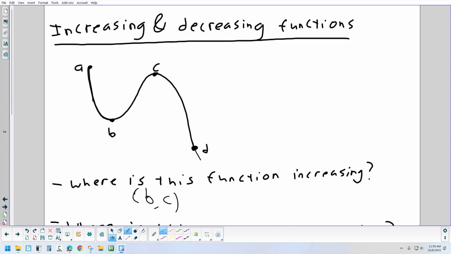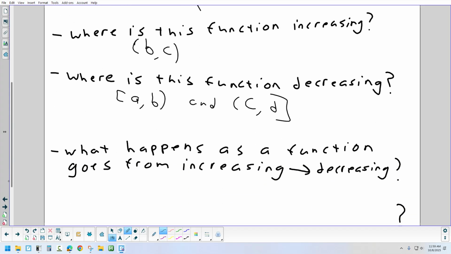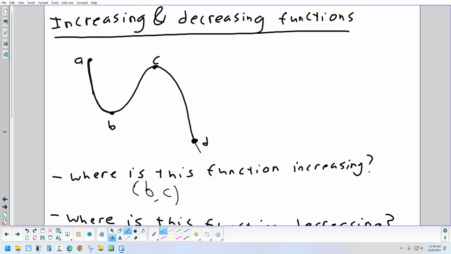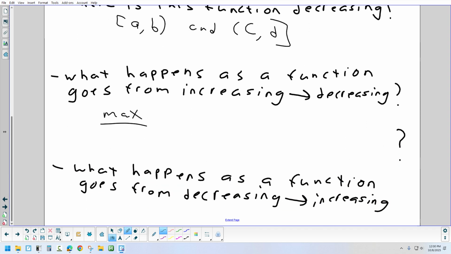Well, this goes from increasing to decreasing, but we don't have a parabola in this picture. That's a cubic, or could be a cubic. Something we just talked about. Yeah, you get a maximum. Anytime you go from an increasing to a decreasing function, you always get a maximum. How about as you go from decreasing to increasing? Yep, you get a minimum. Anytime you go from going down and then you switch to going up, you get a minimum.